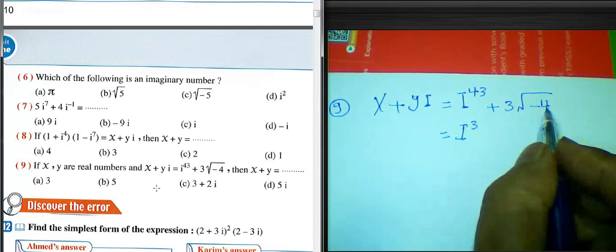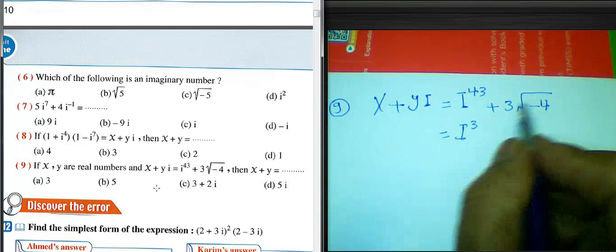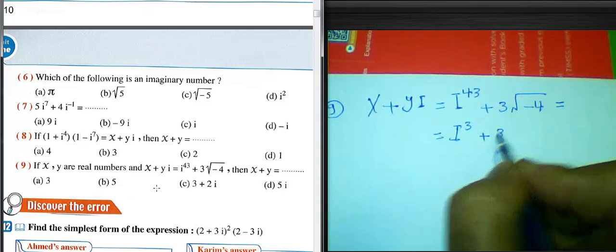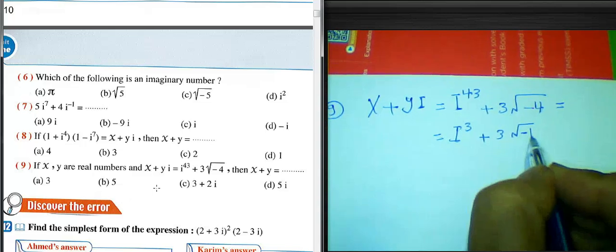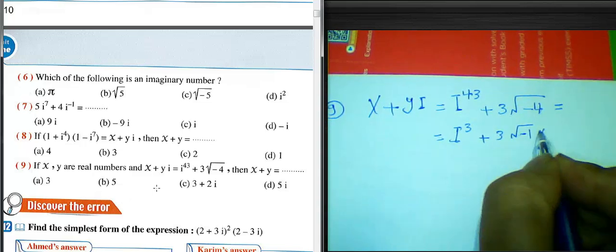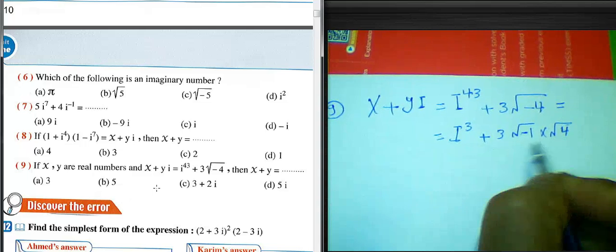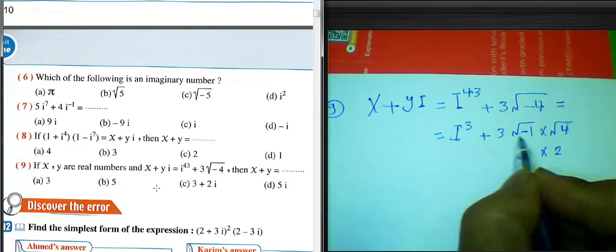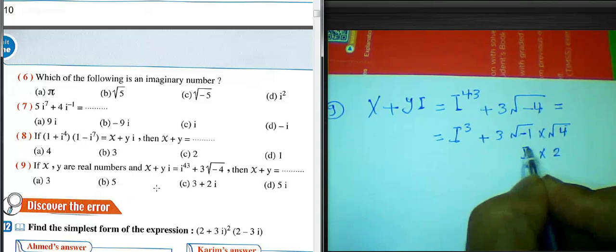And square root of negative 4 will be square root of negative 1 multiplied by square root of 4. Square root of 4 equals 2. Square root of negative 1 equals i.